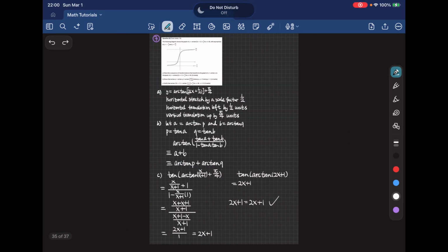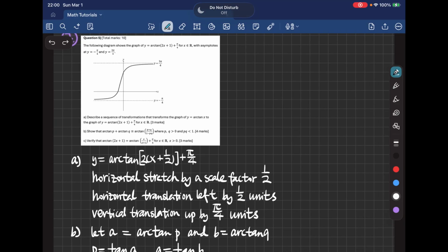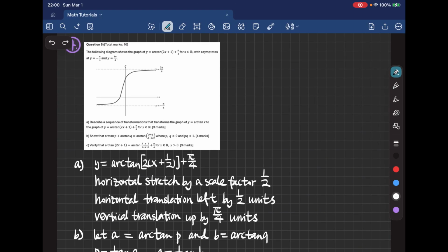And here is another problem about graphing and writing shorter proofs. So here, you want to describe a sequence of transformations that transforms the graph from the original y equals arctan x to this more complicated shifted graph.